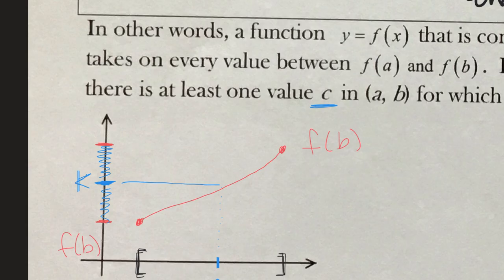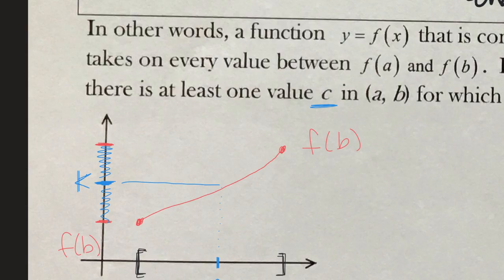Could there be other values? Could there be some random thing up here? Could there be another up here? I mean, there could be. Maybe our graph was quadratic or something and went up like this. That could happen, but it's not guaranteed.